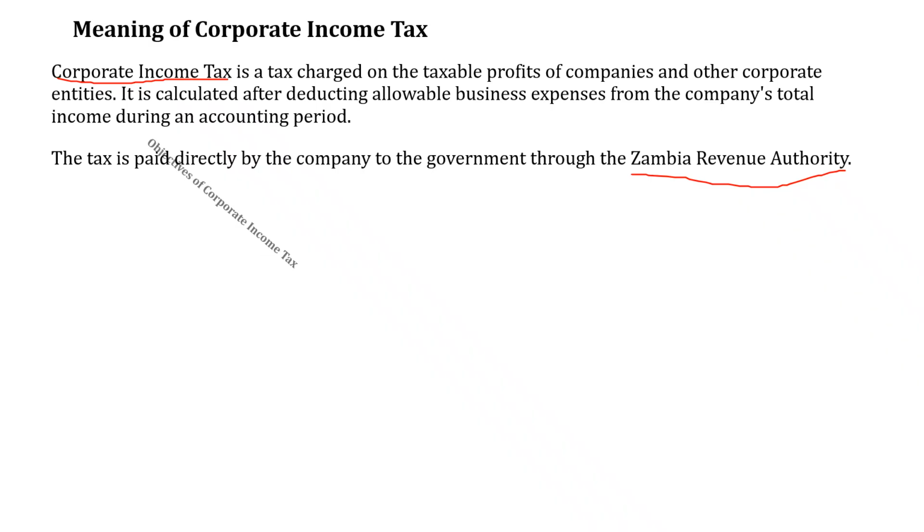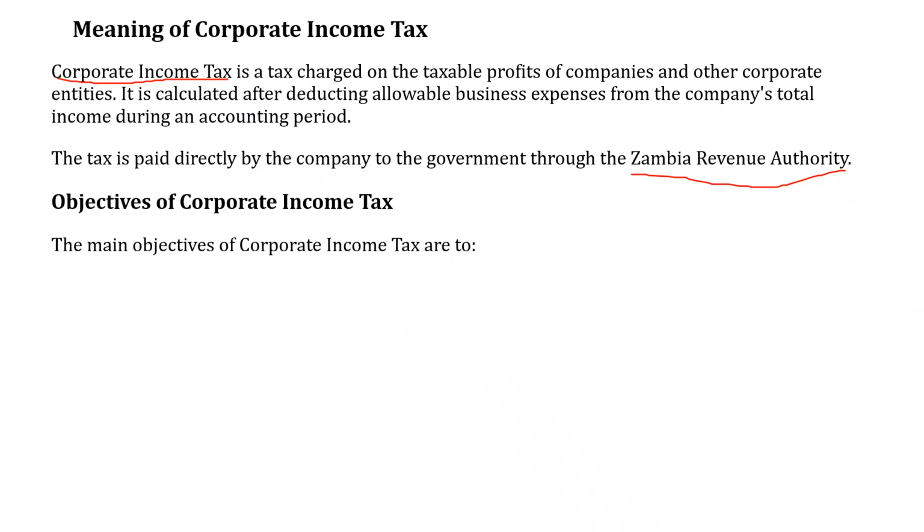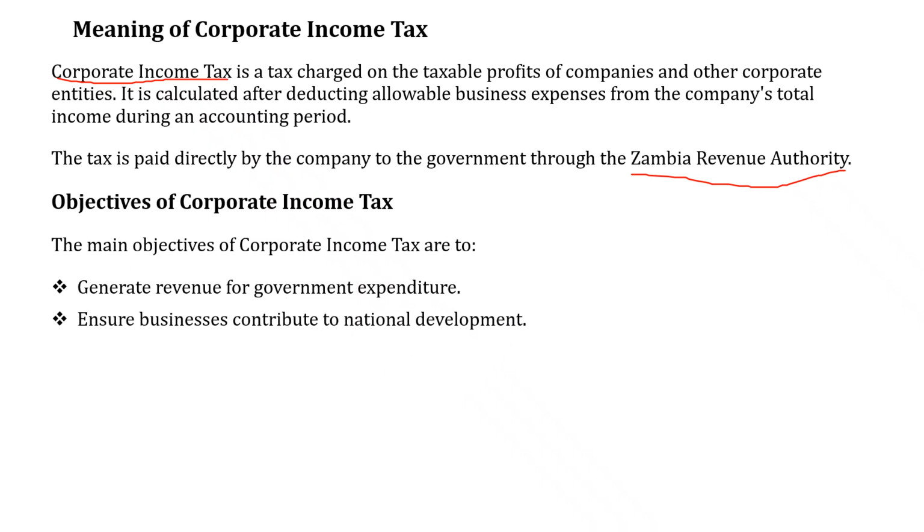Now, what are the objectives of corporate income tax? The first one is to generate revenue for government expenditure.